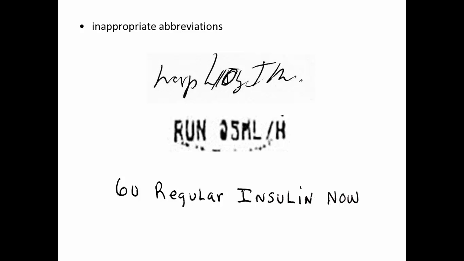Another thing that can cause a problem with communicating orders is using inappropriate abbreviations, and we've touched on this already. In the top one, other than just being horrible handwriting, the big mistake is that this says MORPH, so morph, and they used an abbreviation for a drug. Instead of saying morphine, they just wrote morph.